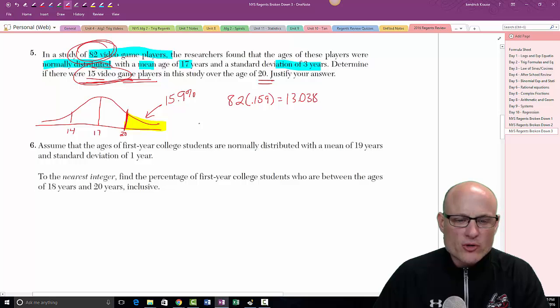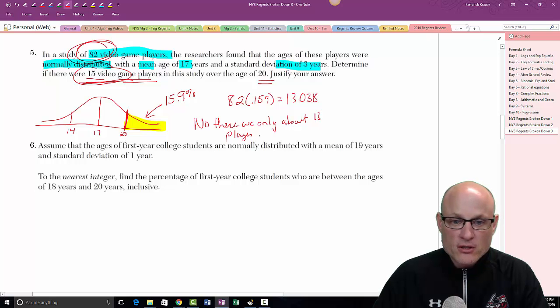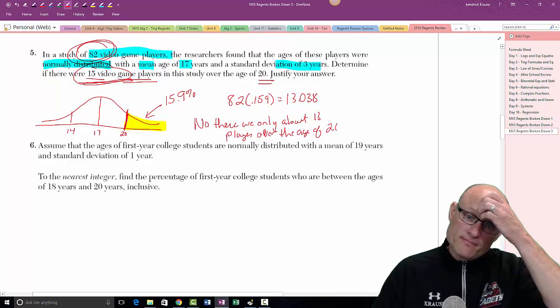So the answer is no, there were only about 13 players over the age of 20.